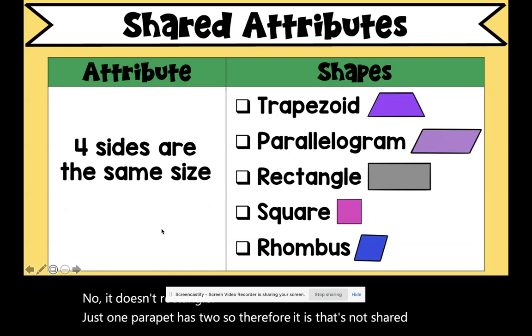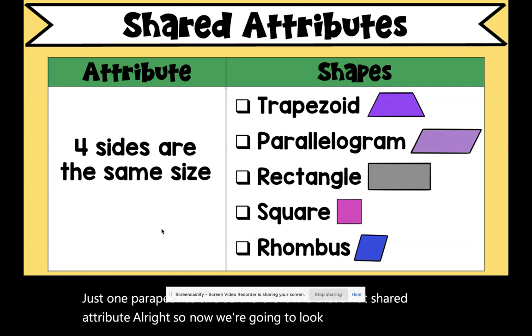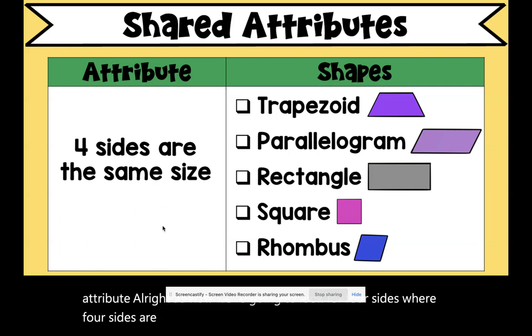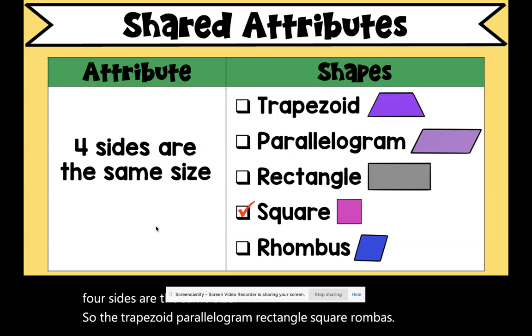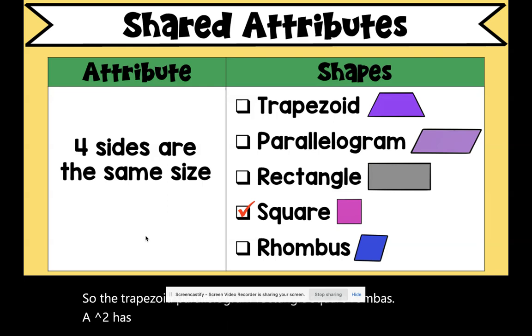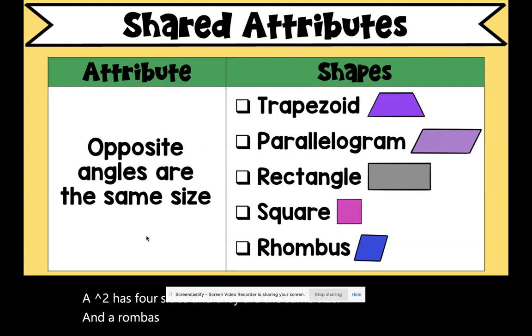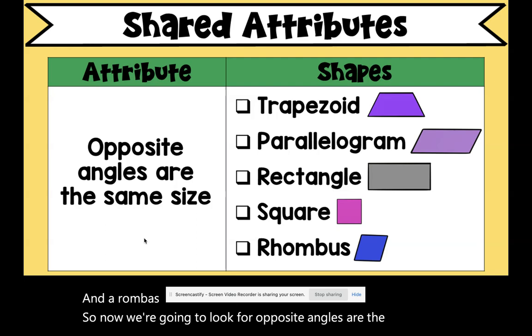All right. So now we're going to look for 4 sides where 4 sides are the same size. Is it a trapezoid, parallelogram, rectangle, square, or rhombus? A square. It has 4 sides and they are the same size. And a rhombus. So now we're going to look for opposite angles are the same size.